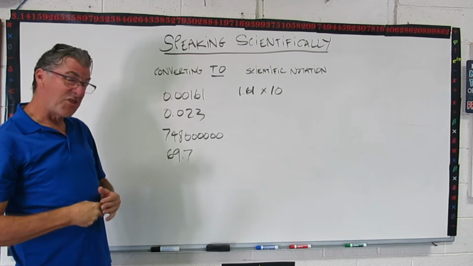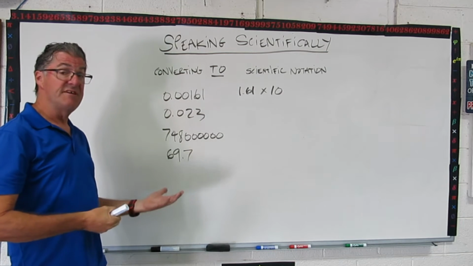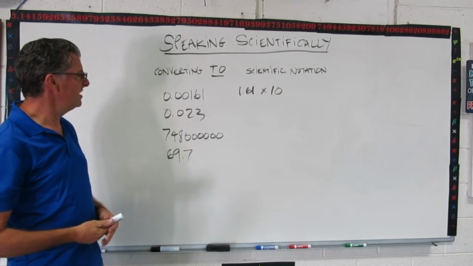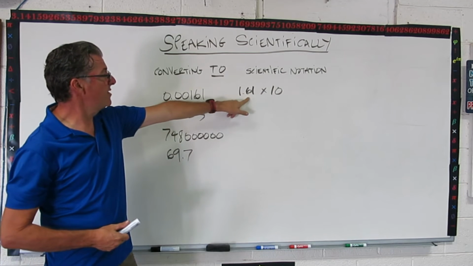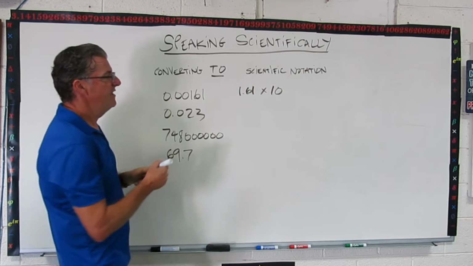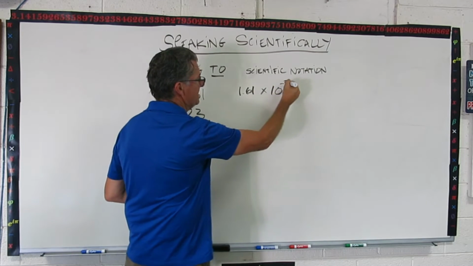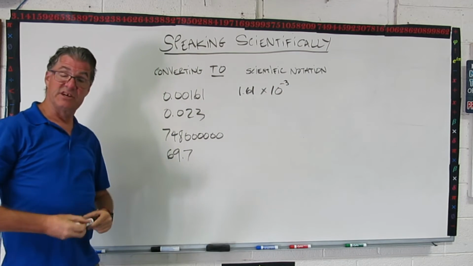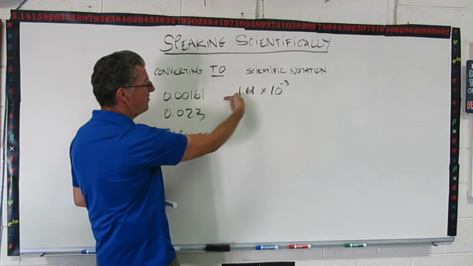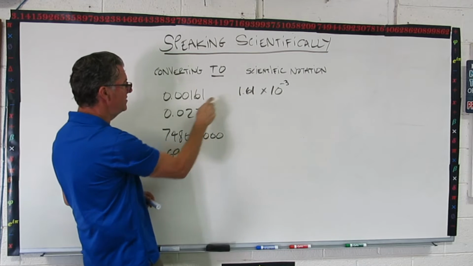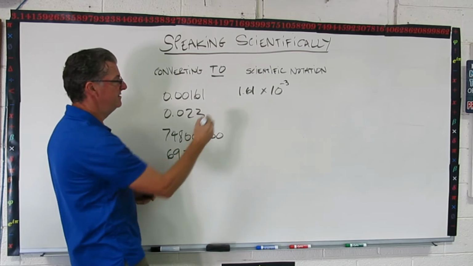So that's 10 to the third, but is it positive or negative? Good question. We have a pretty tiny number, so the exponent needs to be negative. And that makes sense, because you remember from the last conversion, when it was a minus, we moved the decimal this way. So if we move it 3 units there, we get back to there.